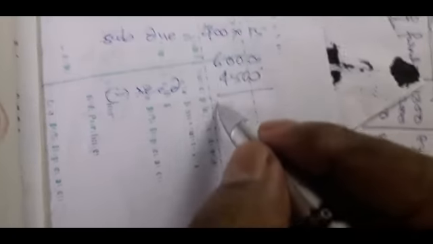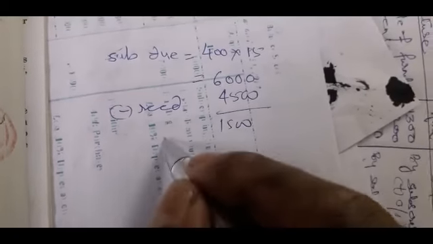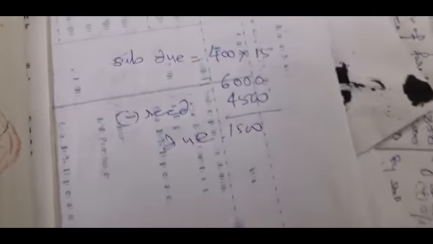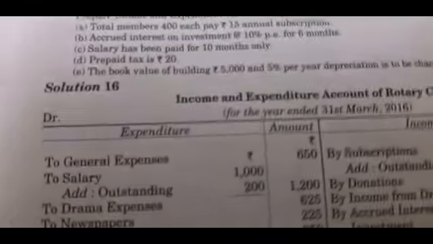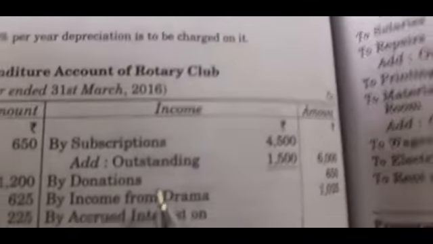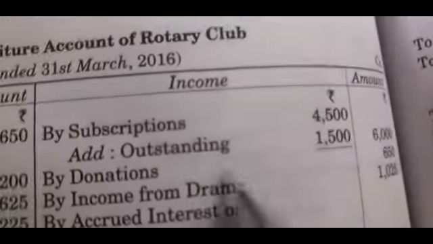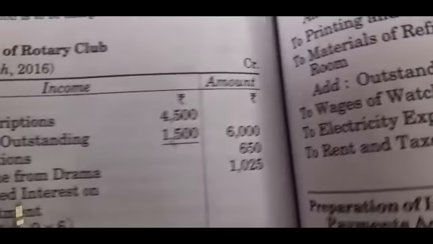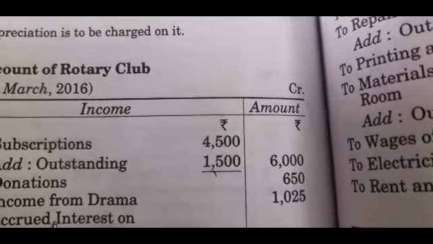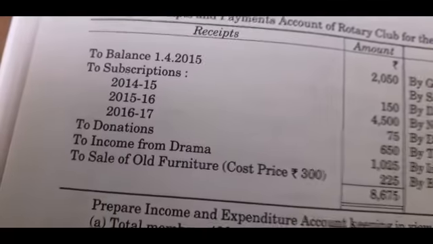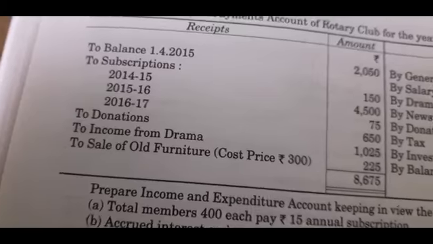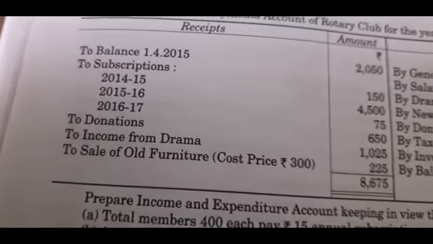So subscription worth rupees 1,500 for the current year is outstanding due. So in the income expenditure account, on the income side, by subscription receipt for the current year 4,500 plus due for current year 1,500, total 6,000 rupees. Subscription for previous year and next year will not be included.